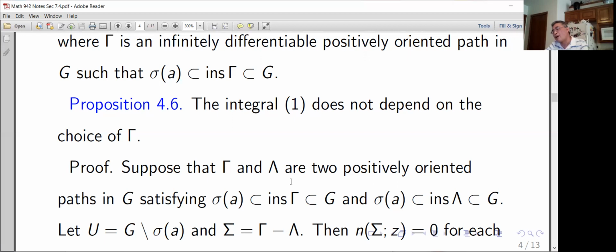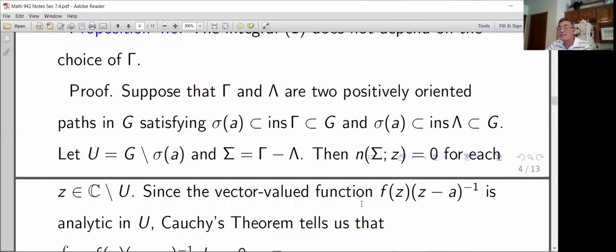Then we have the winding number of sigma with respect to z for each z in the complement of U in C. Let me convince you, this is 0 for each z in C minus U.